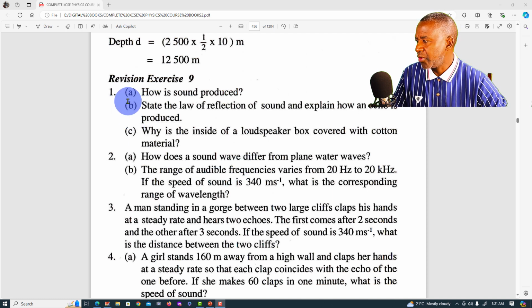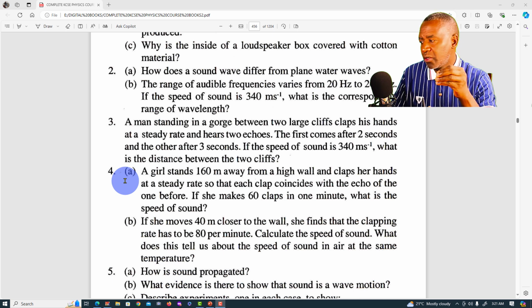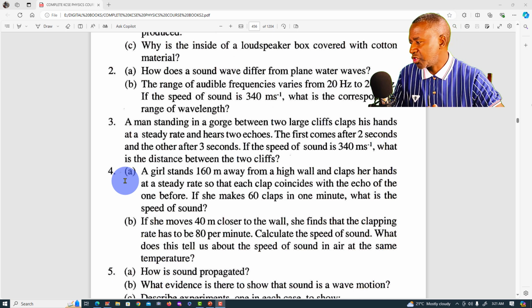For example, question 2b, you can start from A. You can go to question 3. It is also on calculation. And remember, if you don't have the course book, you can always pause the video and copy the question in your notebook. Question 4, A and B.